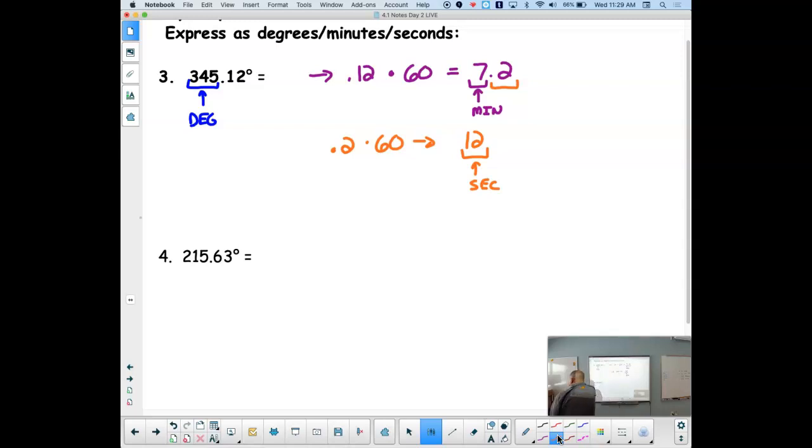So we're truncating is what it's called. So we're just looking for the decimal part of that. So then our final answer here would be 345 degrees, 7 minutes, 12 seconds.